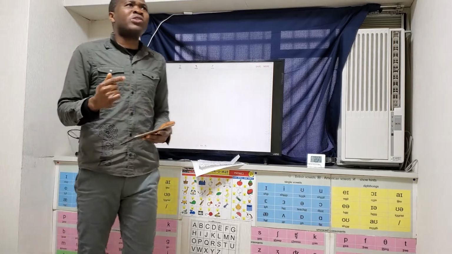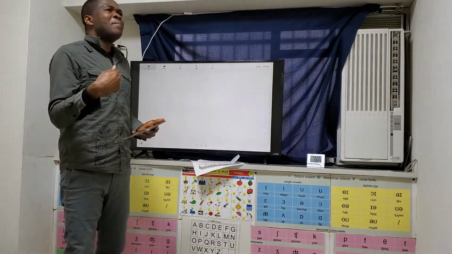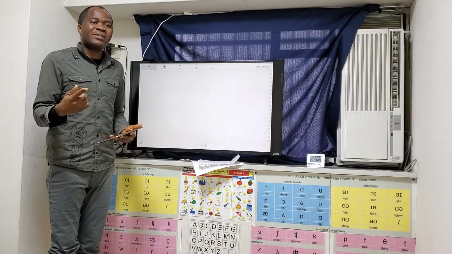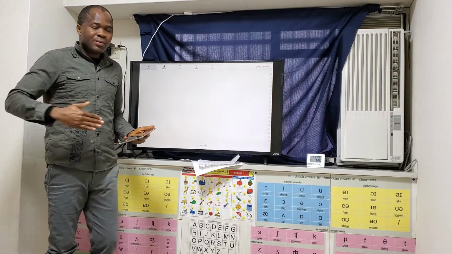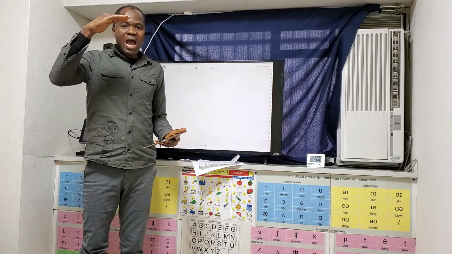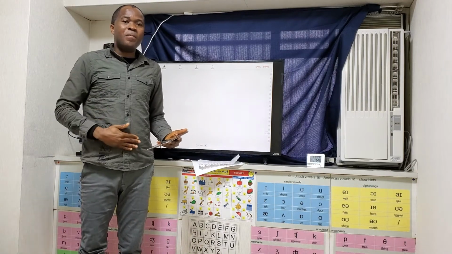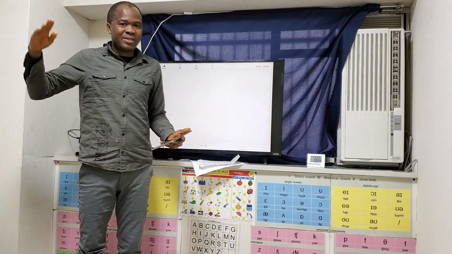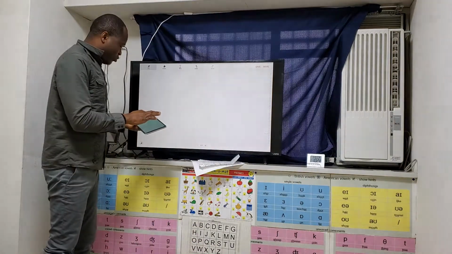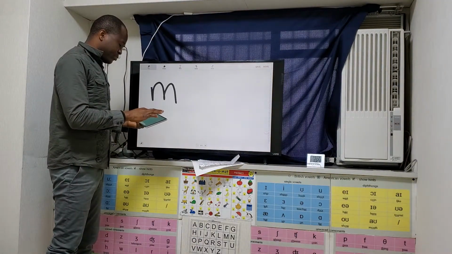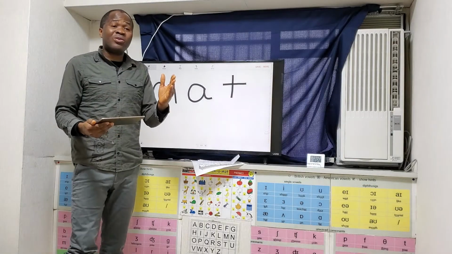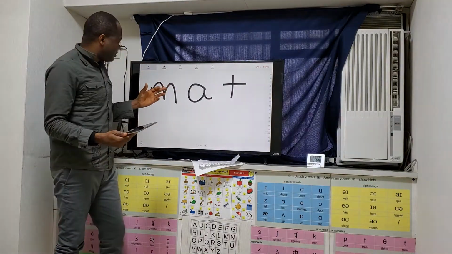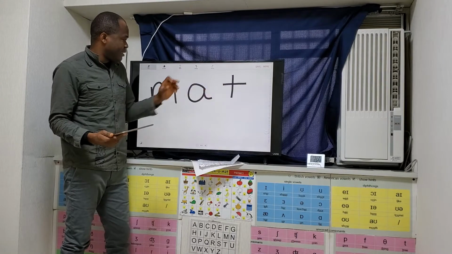Now, I'm going to say the word mat. Mat. At. Mat. So I'm going to write it here. M-A-T. So how did I spell the sound that I heard? I spelled it M-A-T.